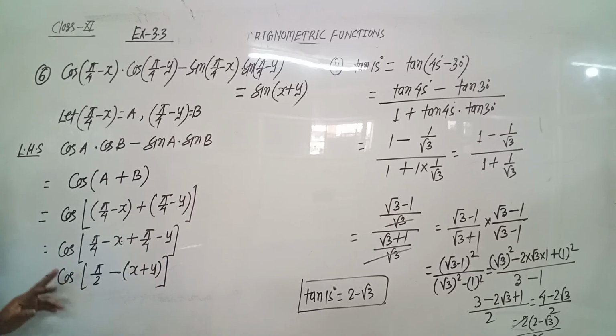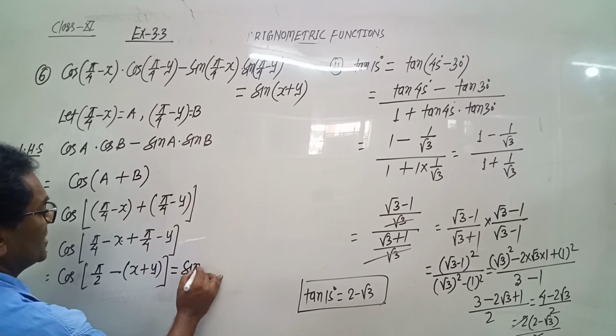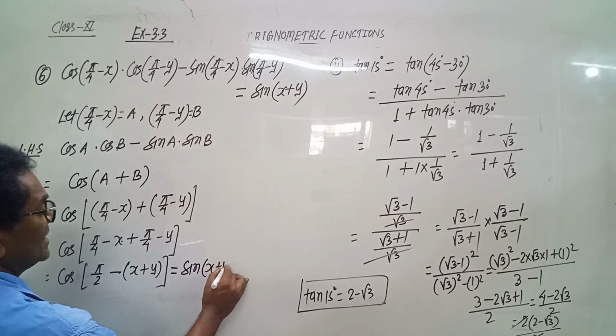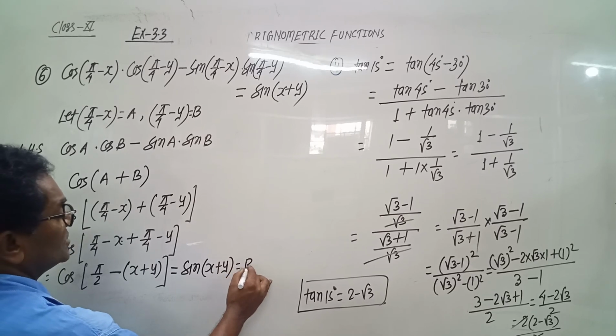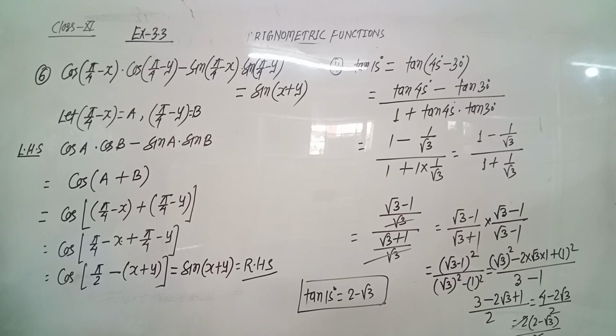Again use the formula cos(90 minus theta), which is sin theta. So we get sin(x plus y), which is our RHS. So we get LHS equals RHS.